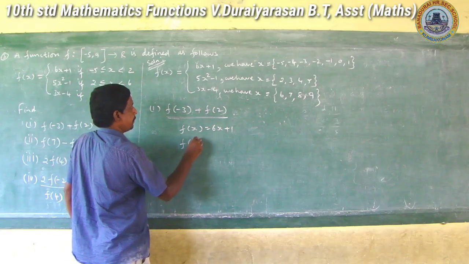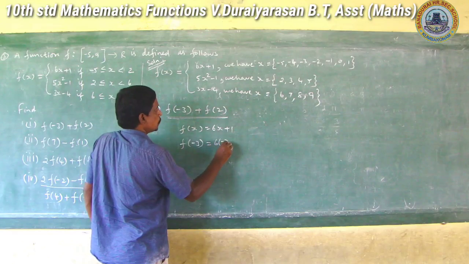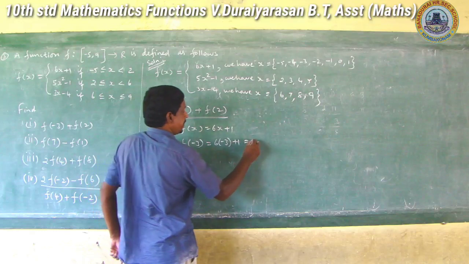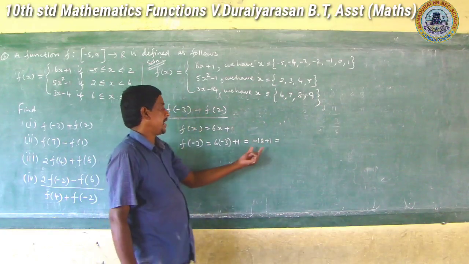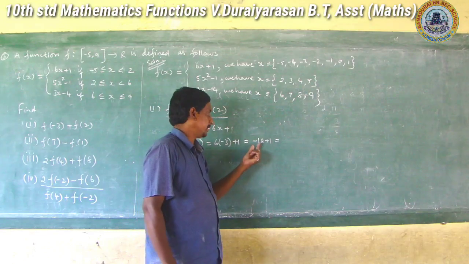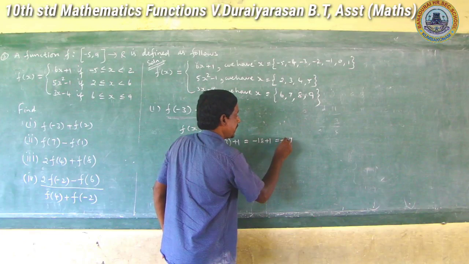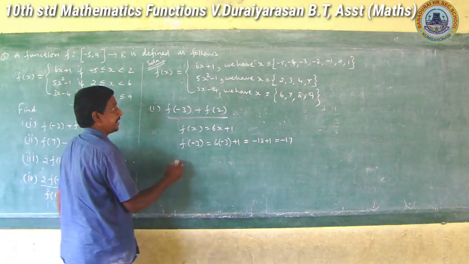To find f of minus 3, x is equal to minus 3. 6 into minus 3 plus 1. 6 threes are 18. Minus 18 plus 1. The signs are different, so subtract 18 minus 1, 17. Which is the biggest one? 18 is the biggest one. So using the sign minus, minus 17.